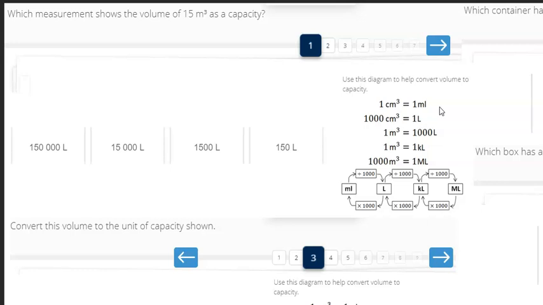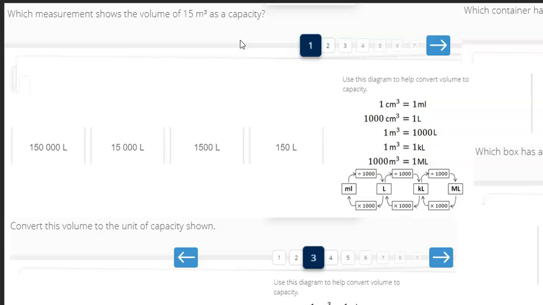And it's hard to know which one of these you have to use, and also in conjunction with the conversion from milliliters to liters to kiloliters to megaliters. So you have to be smart and logical with the approach to these type of questions.